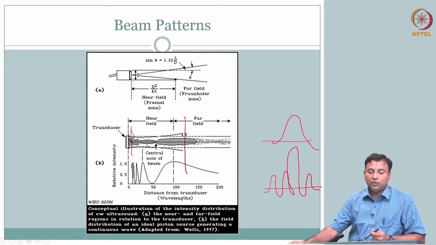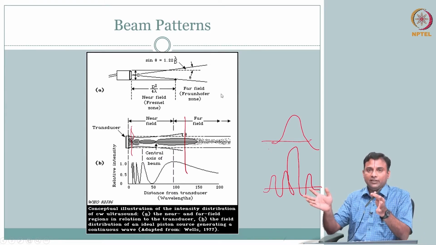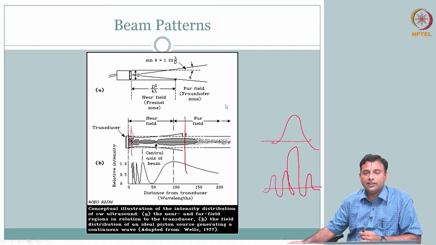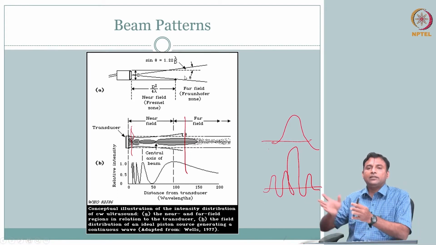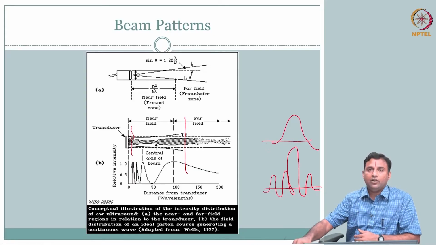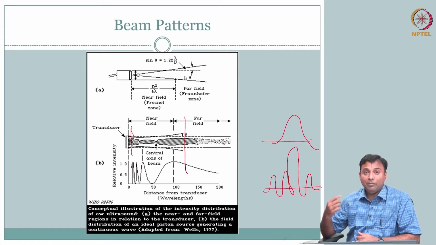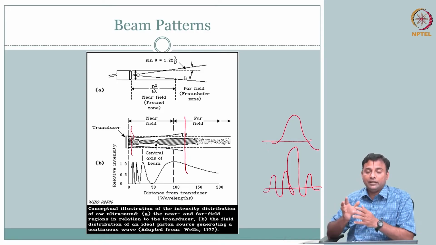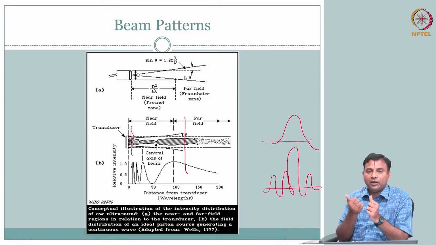Good. So, what we will do now is recognize two other important ideas. One is this divergence, right? That means it is diverging, so angle of divergence is a parameter. What is the disadvantage in divergence, right? In imaging, what are we supposed to do? In imaging we should have good lateral resolution also, right?